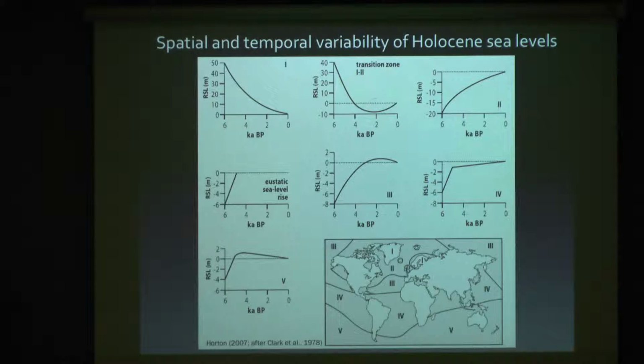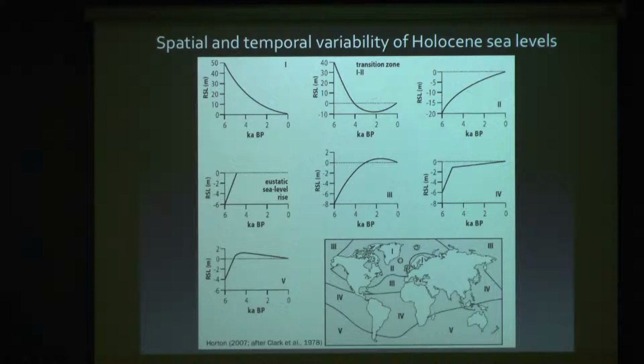And so just to define what I mean by near field, intermediate field, and far field sea level histories, here in type 1 and type 1-2 transition sea level histories, these are polar regions or where you have large ice sheets. So these are called near field locations.